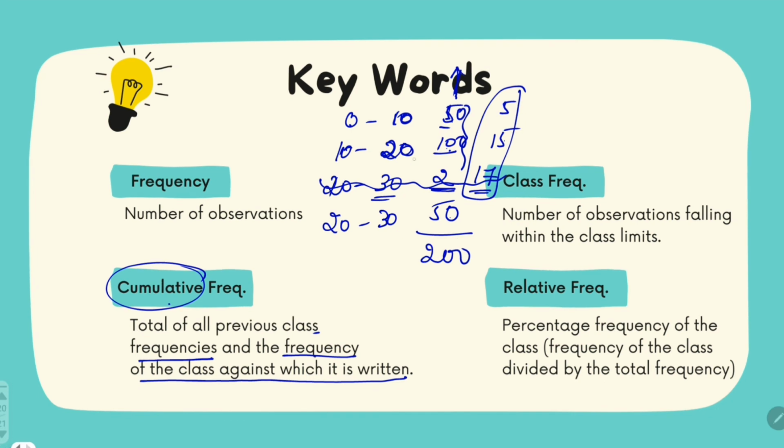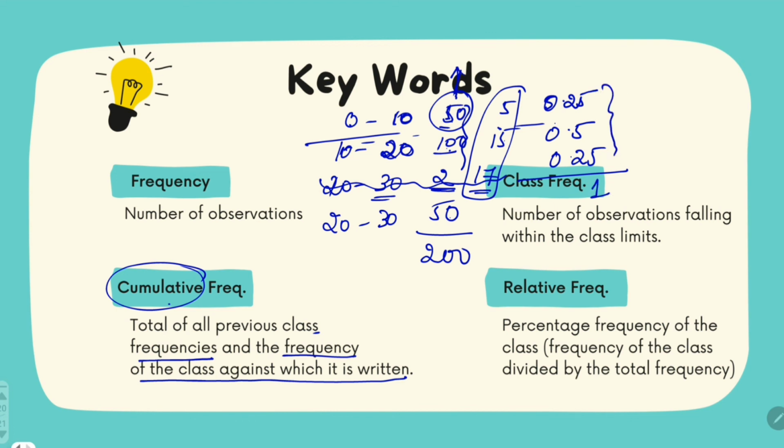So represent this 50 as a percentage. What's the percentage of people falling in this class? It will be 0.25, right? So over here it is 0.5, and again over here it is 0.25, and when you add all of this together, you will get 1, right?